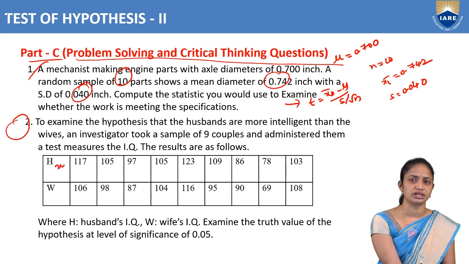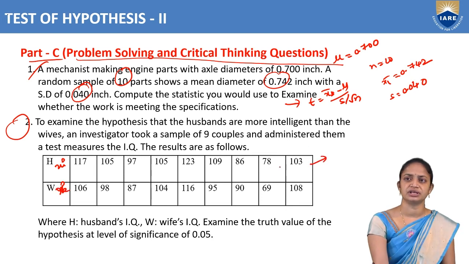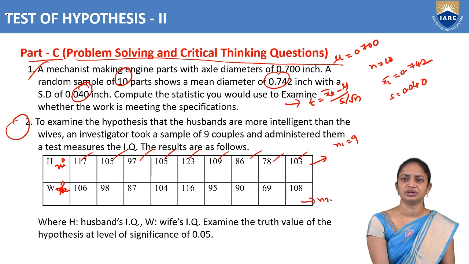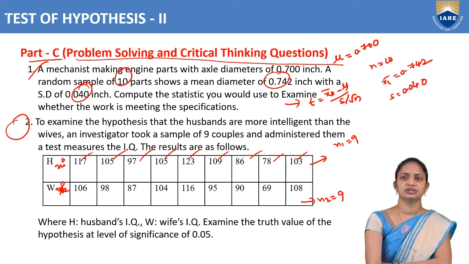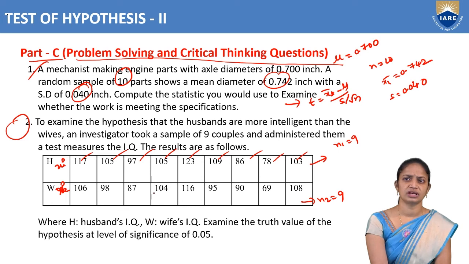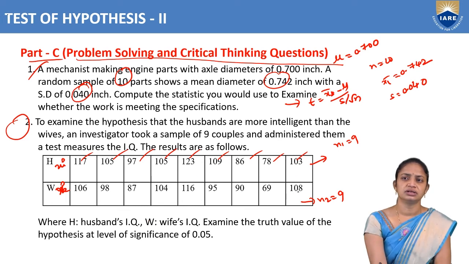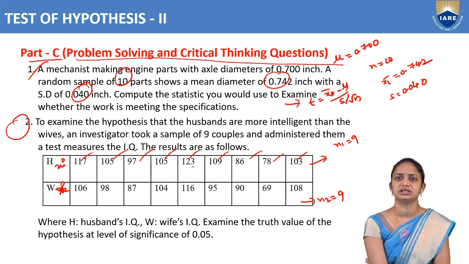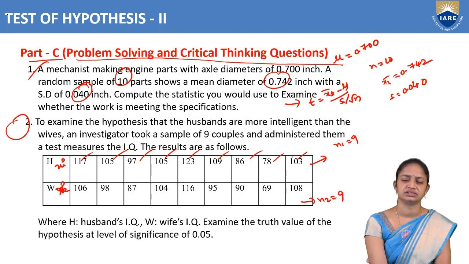Here they have given xi values, and these are also some yi values. Otherwise we can take them as xi values. From this we can find the counts: 1, 2, 3, 4, 5, 6, 7, 8, 9. So n1 equals 9 and n2 equals also 9. Here also, the same, we have to use a t-test for difference of means, or we can use the F-test.